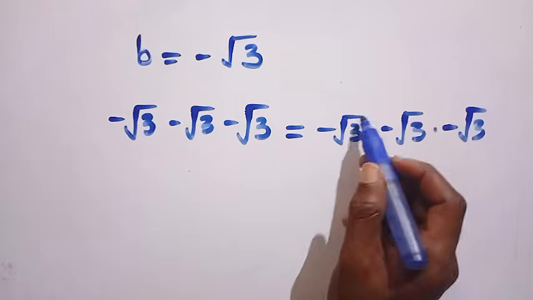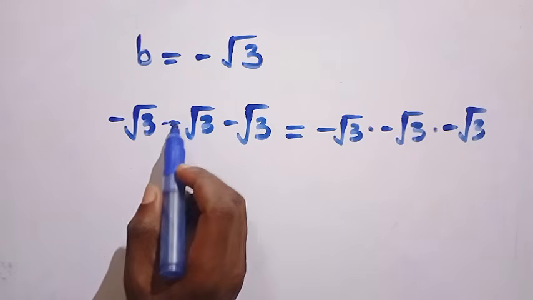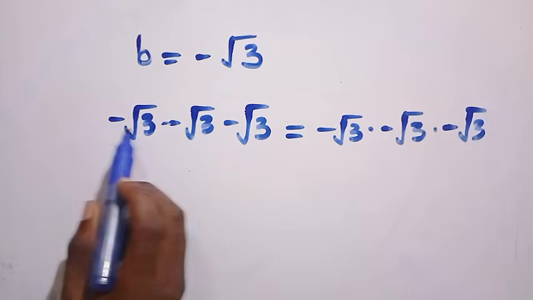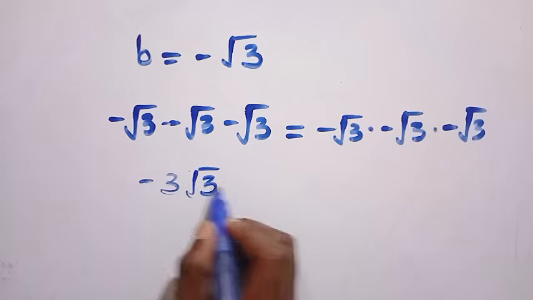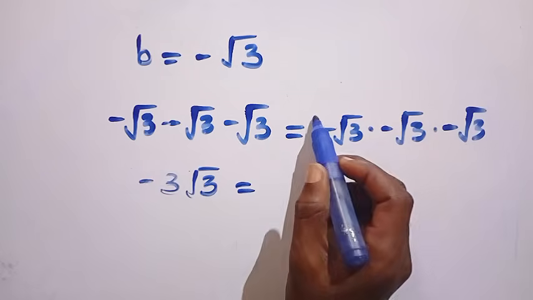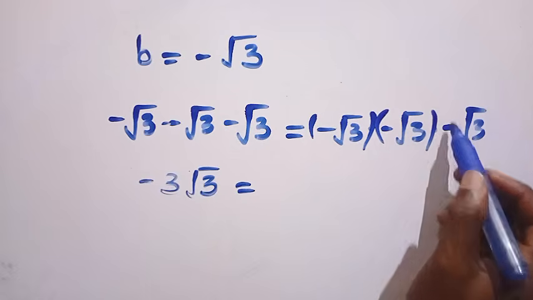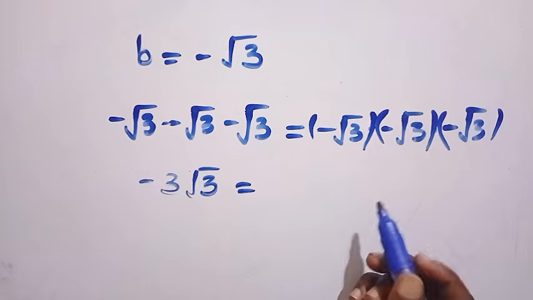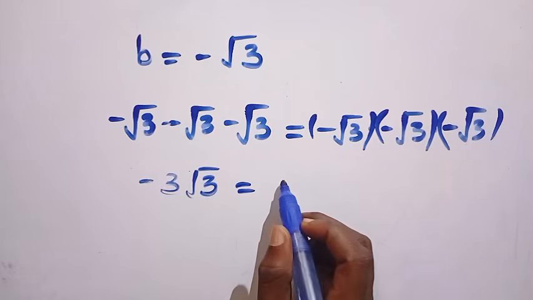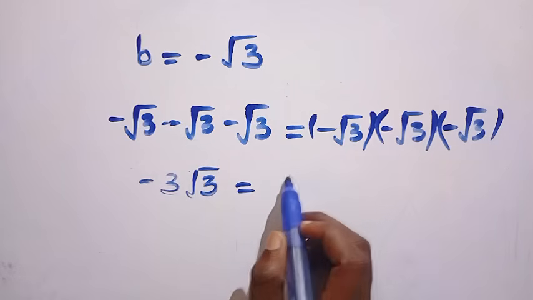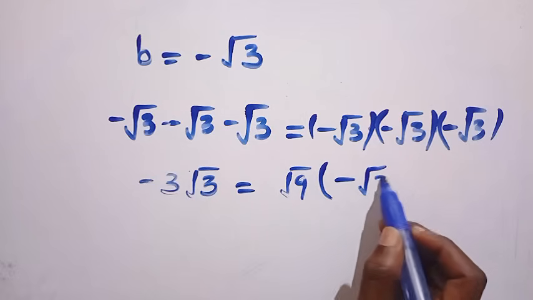If you like, we can put all this in brackets. So with this one, this is negative 1, negative 1, negative 1, and that gives us minus 3 square root of 3 on the left. On the right, with everything in brackets, minus multiplied by minus gives us plus. Then root 3 times root 3 we have as root 9, then multiplied by minus root 3.